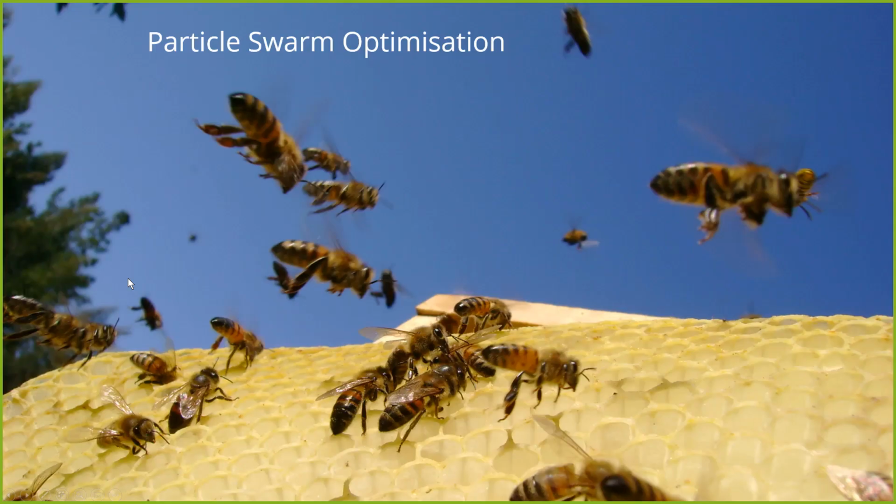Other biologically inspired optimization: particle swarms. Less well known than genetic algorithms. Now, this is inspired by the swarming of bees, the flocking of birds, that sort of thing, the way they work together to search an area to find things they're looking for, in their case, food.